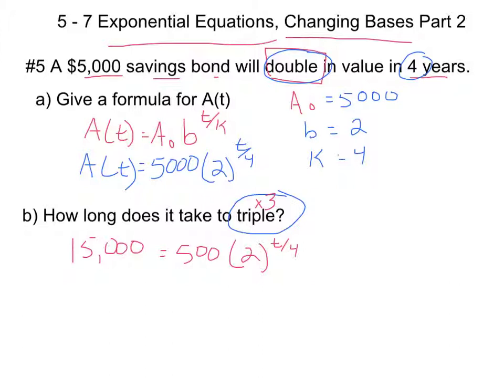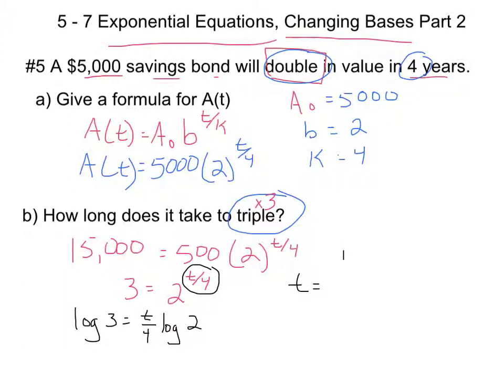And we've done this a couple times before. I would divide both sides by 5,000, so 3 is equal to 2 to the t over 4 power. Now the t is not where I want it to be, it's in the exponent. So I'm going to take a log of both sides and make this little baby a big baby. So I have the log of 3 equals t over 4 times the log of 2. And now just solve for t.